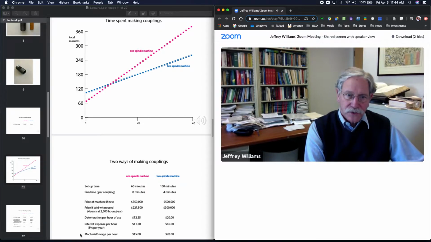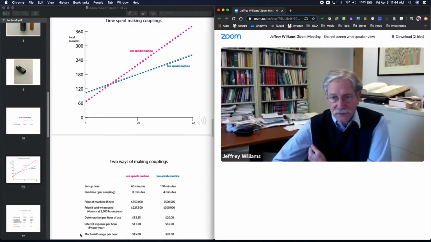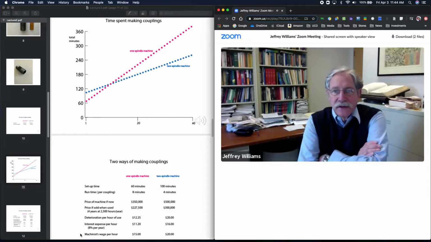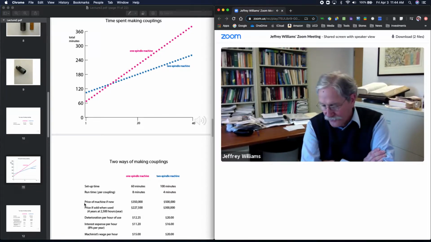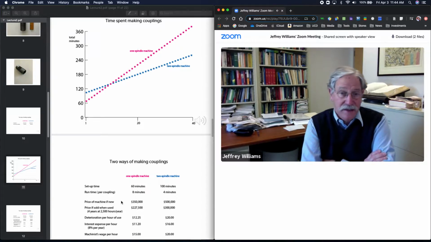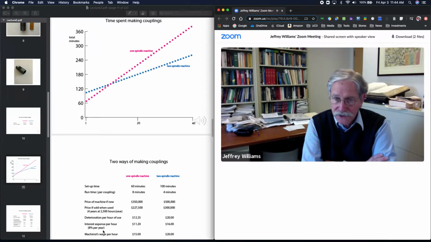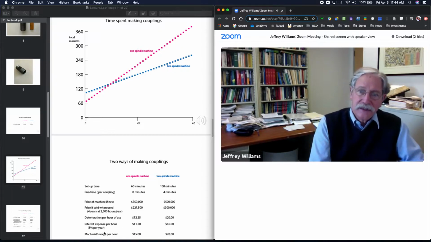But there's some other costs that have to be considered when you're running either a one spindle or a two spindle machine. The machine costs something. Somebody, presumably the owner of the machine shop, had to pay for that machine, and it's sitting there. If it's sitting there, it's still costing something in terms of the interest expense on the machine, on the initial investment.